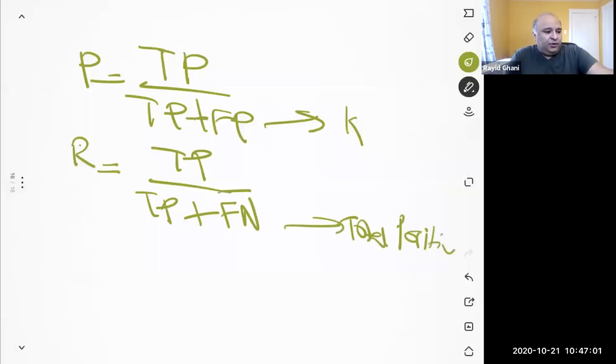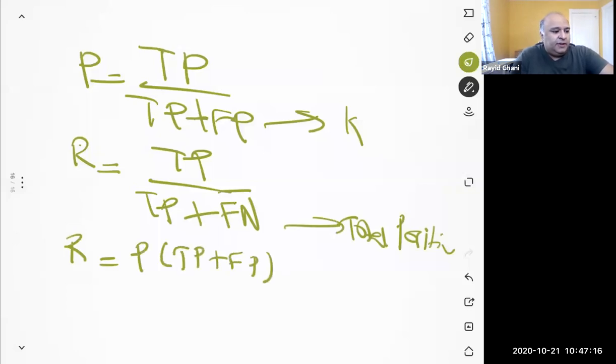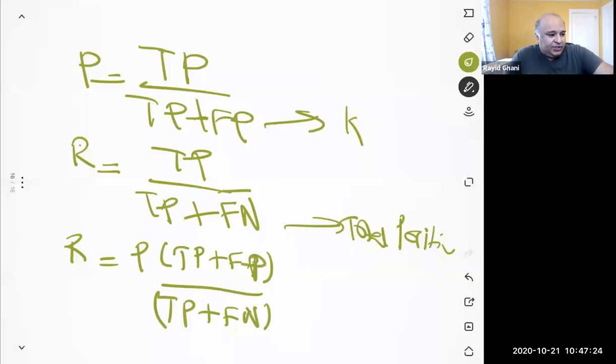So now if you look at the relationship, recall becomes precision times true positive plus false positive, divided by true positive plus false negative. So once you have a precision, the data has already fixed all these other things.